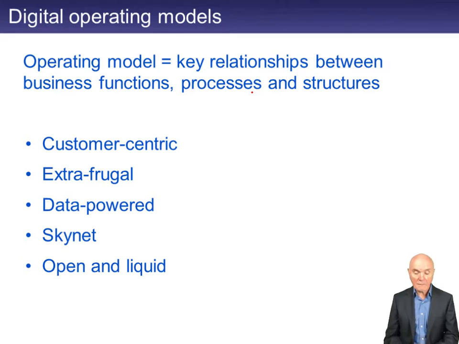There is data powered, using data essentially as the way in which you're going to create value. So think of Airbnb. What Airbnb does is bring together people who have got spare rooms and people who want accommodation.